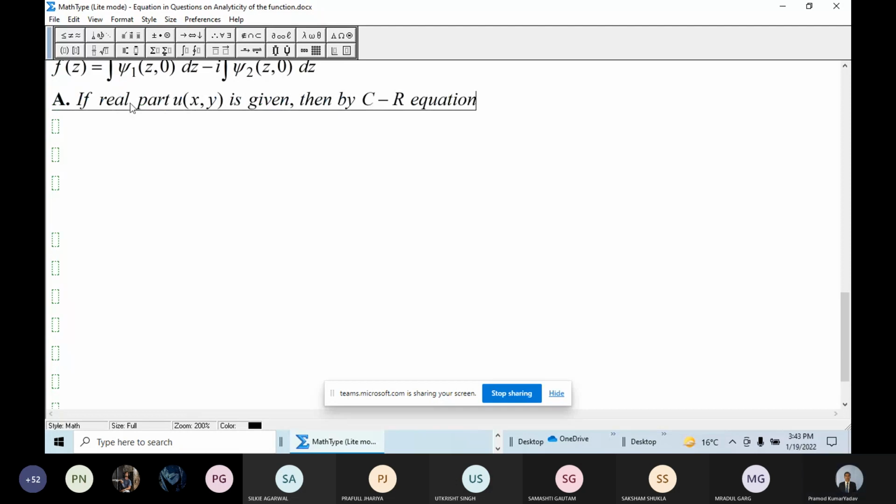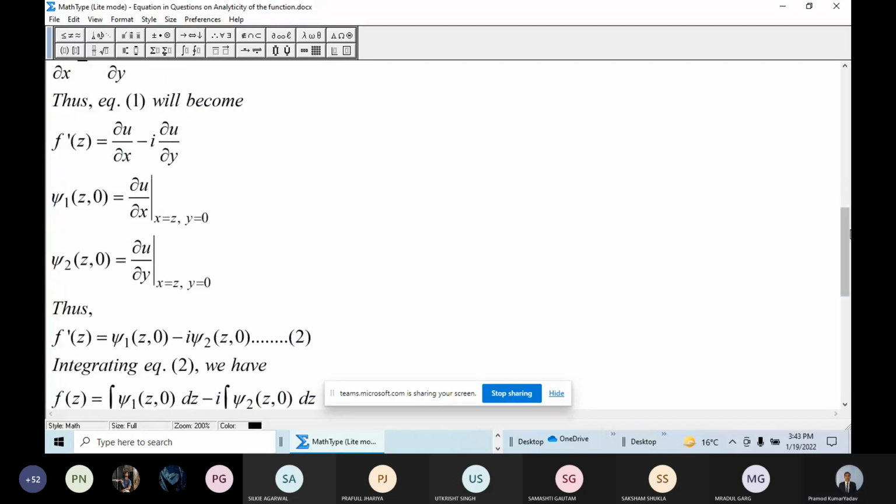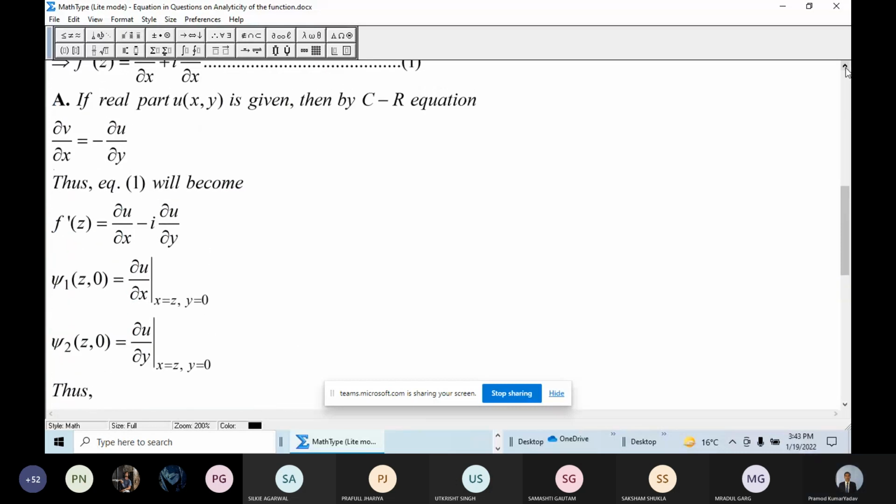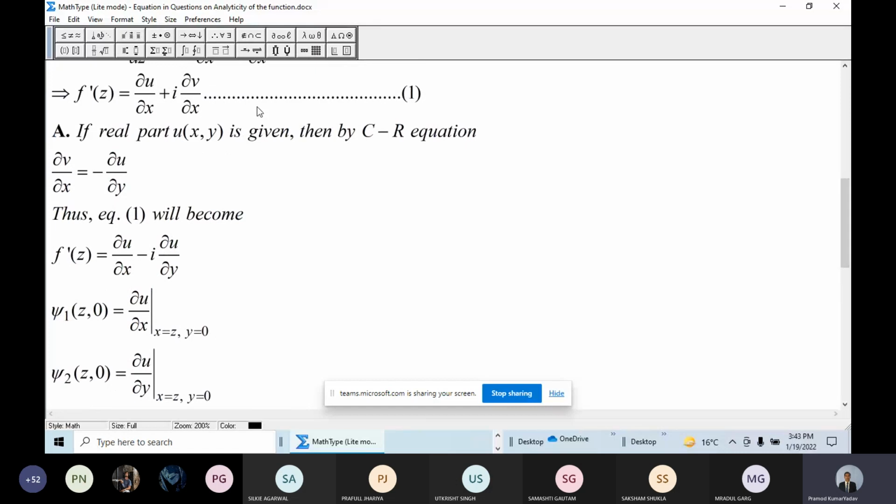By CR equation, f dash z is del u by del x plus i times del v by del x.